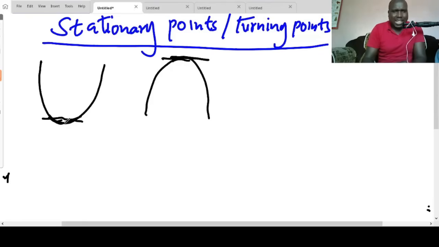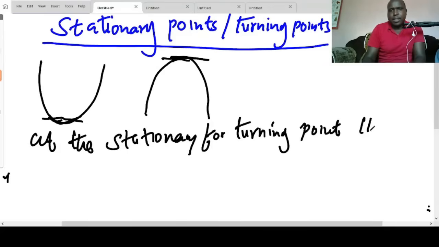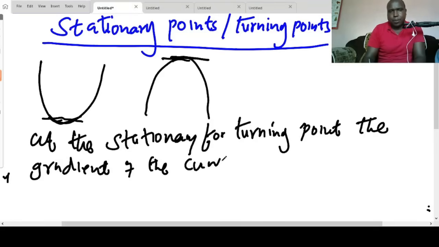So at the turning point, the key word here is that at the stationary or turning point, the gradient function of the curve is equal to 0.